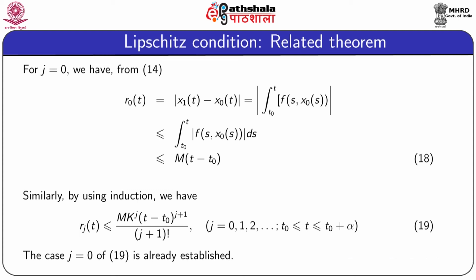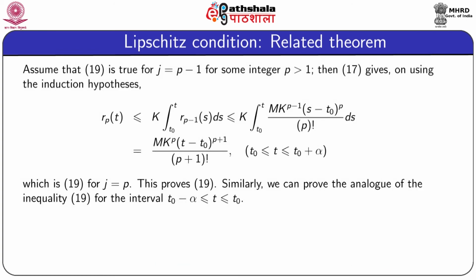By using the principle of mathematical induction, we will have r_j less or equal to m times k to the power j, times (t minus t_0) to the power (j+1), divided by (j+1) factorial. The case j equal to 0 of 19 is already established.